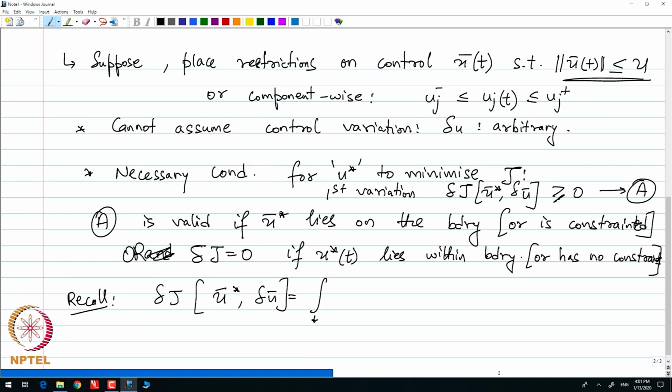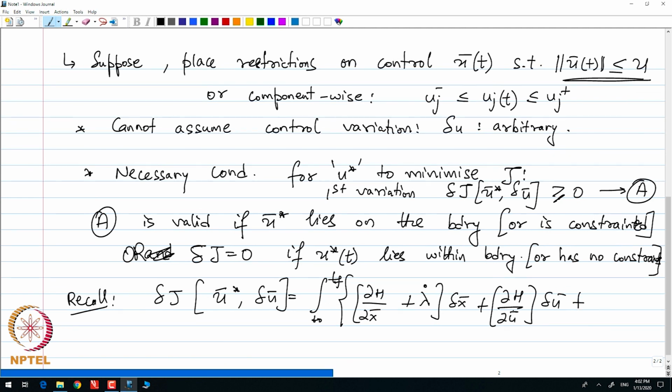This was the integral from t0 to tf of (partial h partial x bar plus lambda dot) times delta x, plus partial h partial u times delta u, plus (partial h partial lambda minus x bar dot) times delta lambda, right.